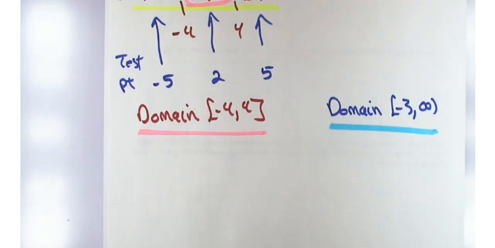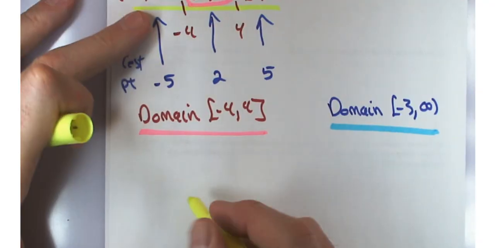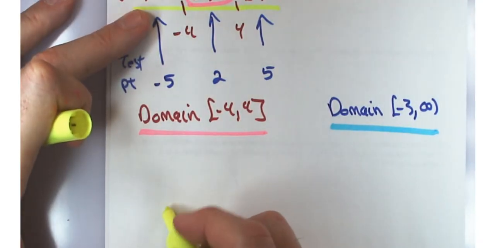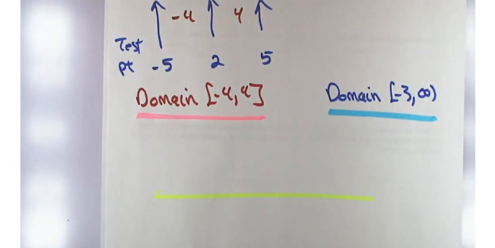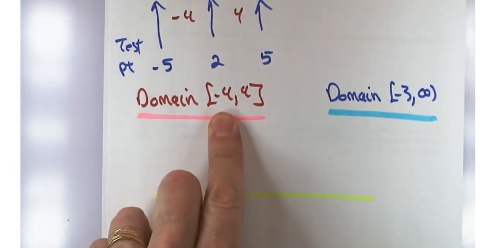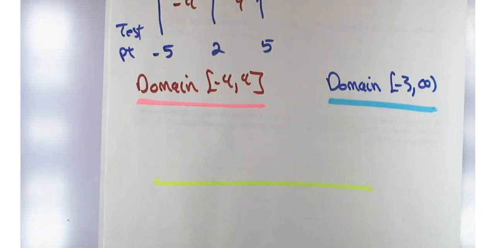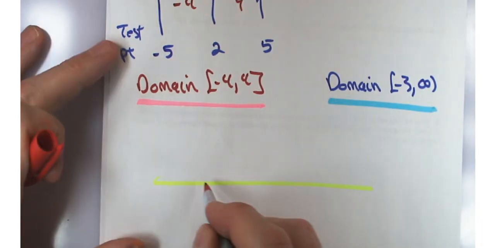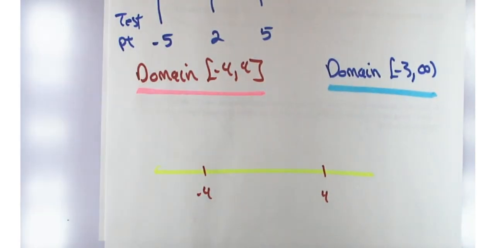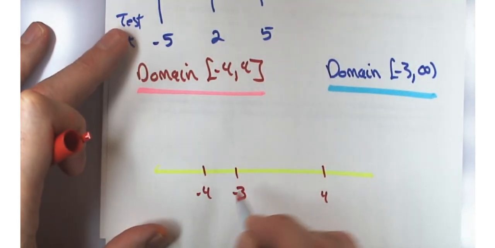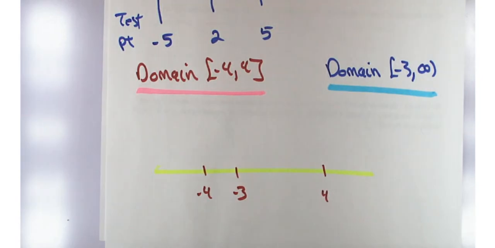Let's draw these graphs on the number line anyways. So the first one is defined between -4 and 4. Okay, so let's see here, -4 to 4. Let's put in a little -3 here as well. So the first one is going to look like this.